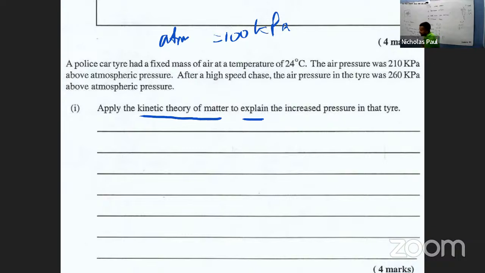Therefore, the particles will gain more energy.